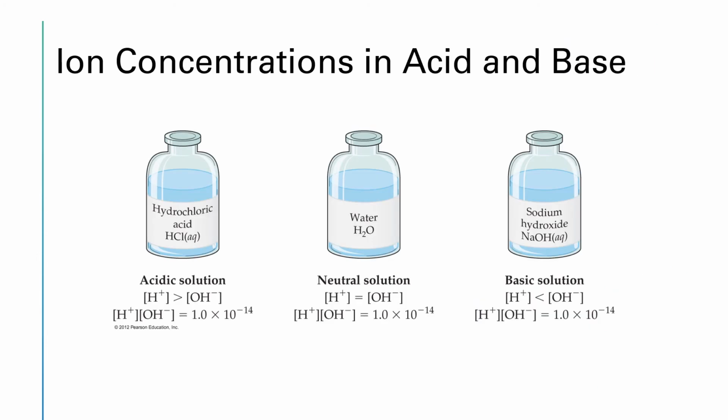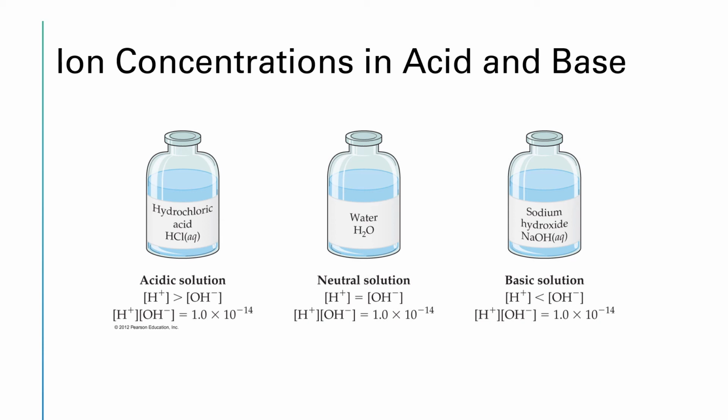Now that we've seen about the autoionization of water and Kw, one of the implications of this autoionization is that in any solution that's aqueous, you will have both hydrogen ions and hydroxide ions present. Now, I was used to thinking of acid solutions as having hydrogen ions and base solutions as having hydroxide ions. So those two thoughts are incompatible if you're telling me that every solution has both hydrogen ions and hydroxide ions.